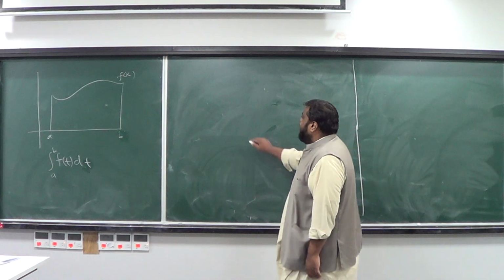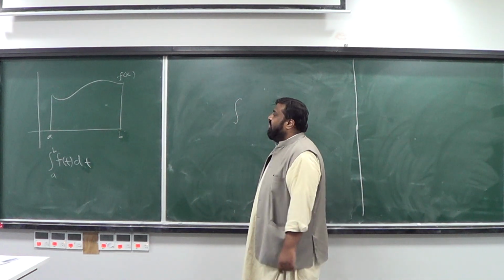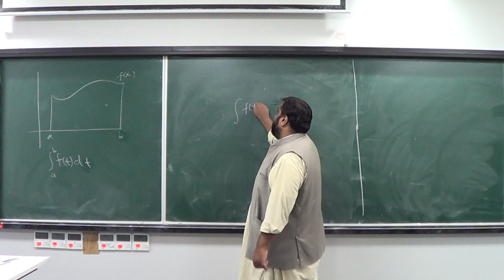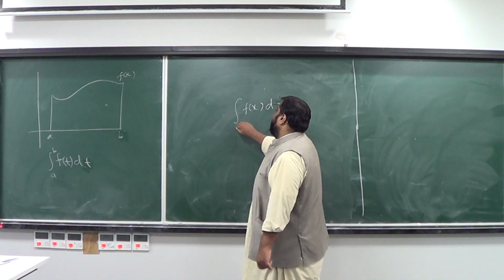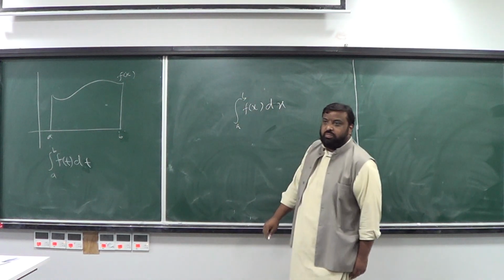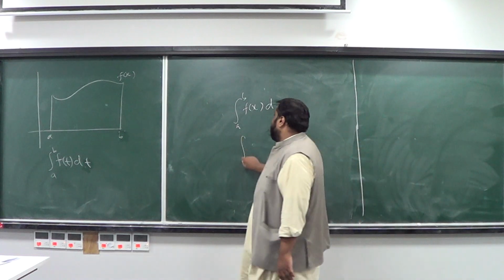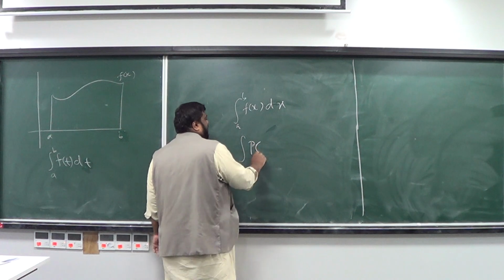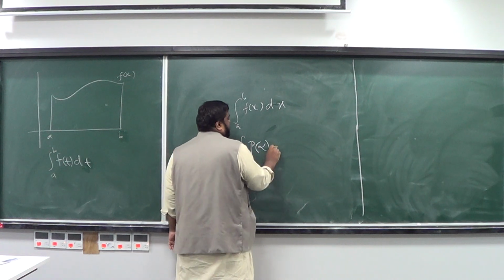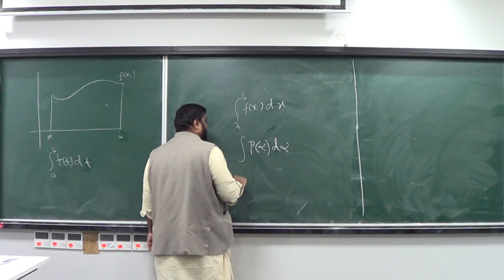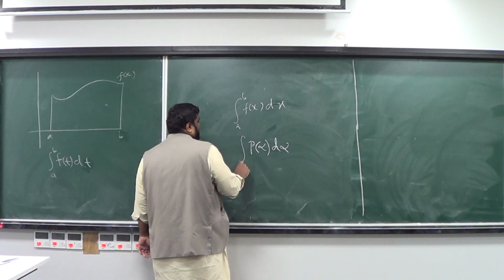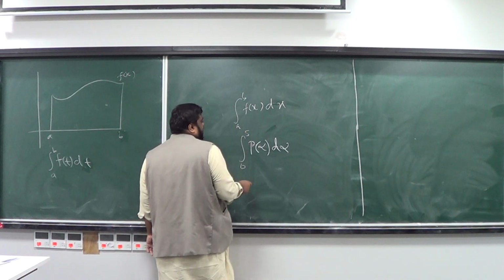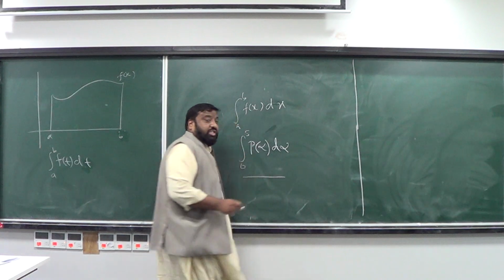People are very much used to writing f of x dx from a to b, but if they see p of alpha and I'm integrating with respect to d alpha, where alpha goes from 0 to 5, they are going to see this in a strange manner.